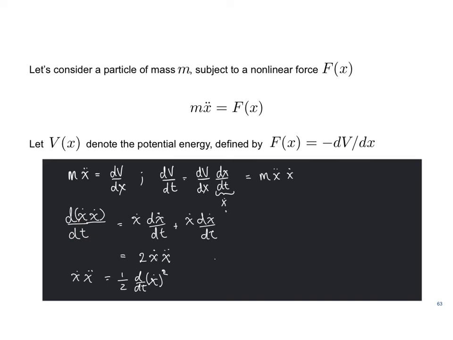So dV/dt is equal to m x double dot x dot, which is equal to m/2 d/dt of x dot squared.